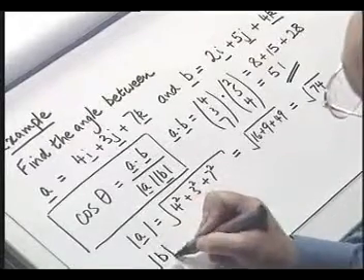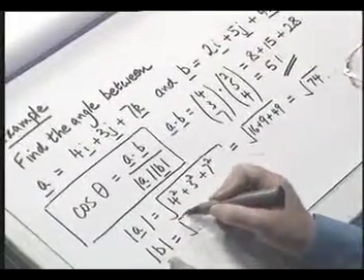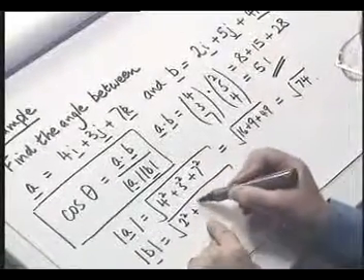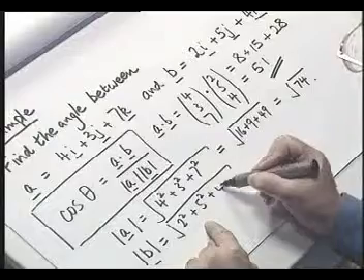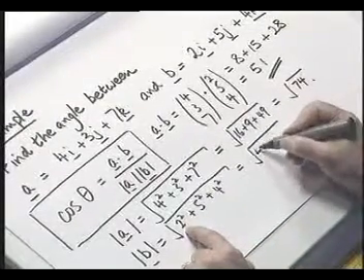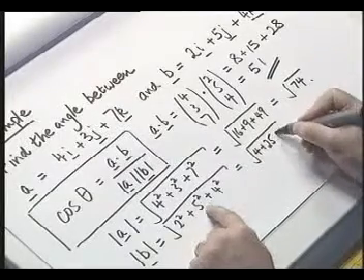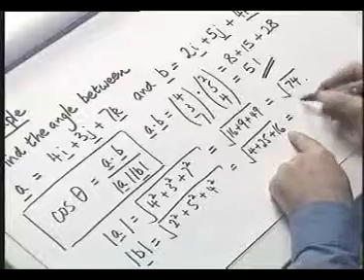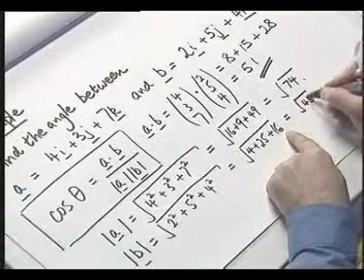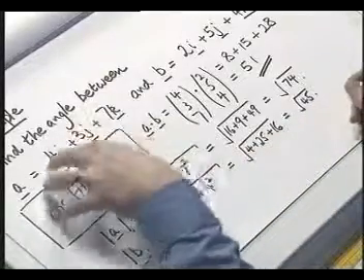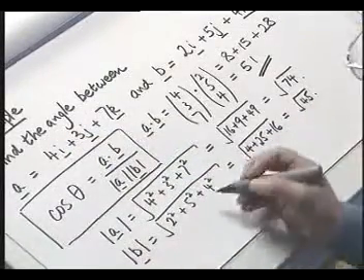Similarly, the modulus of B will be the square root of 2 squared plus 5 squared plus 4 squared, which is the square root of 4 plus 25 plus 16, and 25 plus 4 plus 16 is 45. So we've got all the ingredients we need now to pop into this formula.